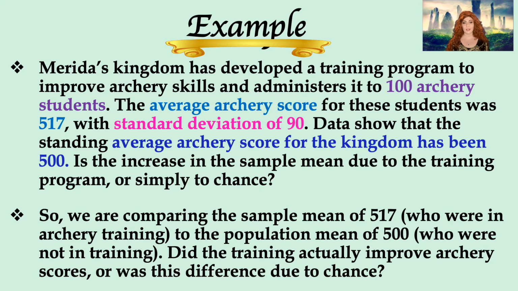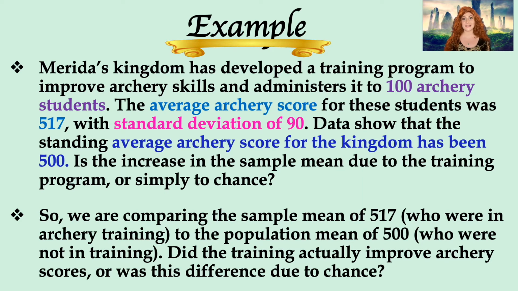So you may be thinking, well, duh, Merida, 517 is different from 500, so why do we need to test it? Well, if you recall, I mentioned that even though we do see differences in values, we need to test for those values to be statistically significant. Is the difference of 17 points large enough to be considered statistically significant? Is this difference large enough to say that my training program actually improved archery?